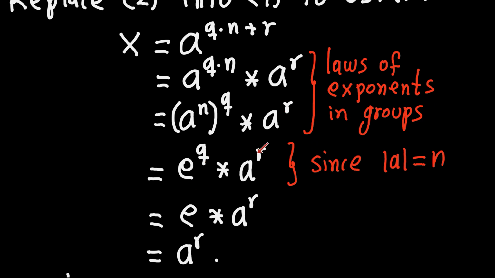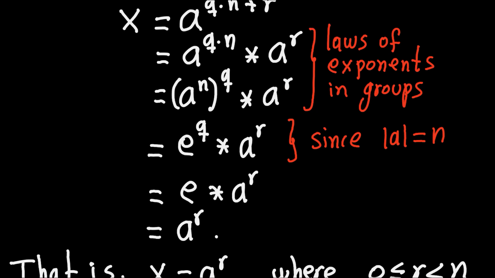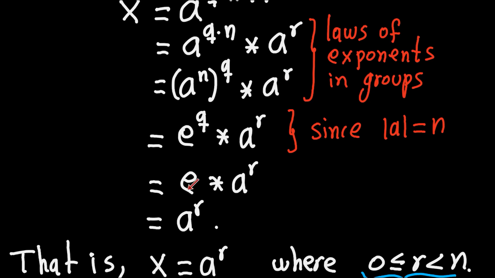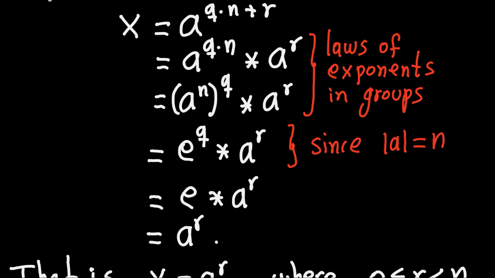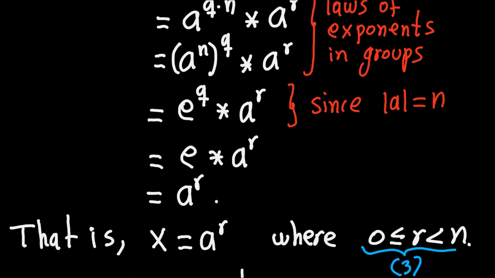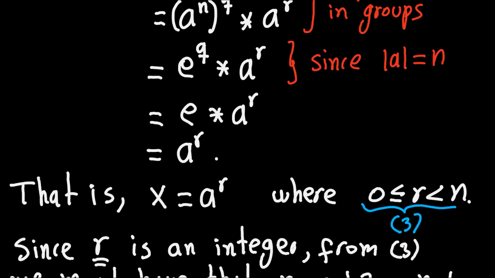This a to the r remains the same all the way down. And the identity star anything is just the same element a to the r. What we have shown through all this sequence of equalities is that the element x, which initially was a to the m, is now a to the r. So that means x is a to the r.